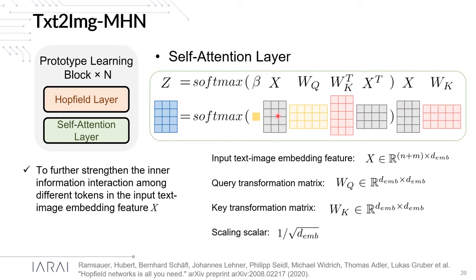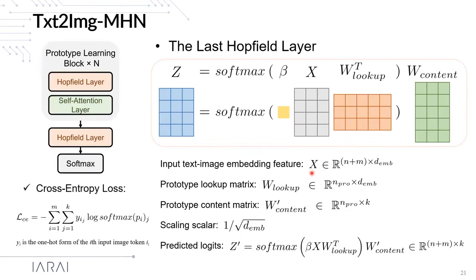And this is an illustration of the self-attention layer. I think most people are very familiar with self-attention. The key components here are one query transformation matrix, WQ, and another, a key transformation matrix, WK. Okay, and after these prototype learning blocks, we have another Hopfield layer.